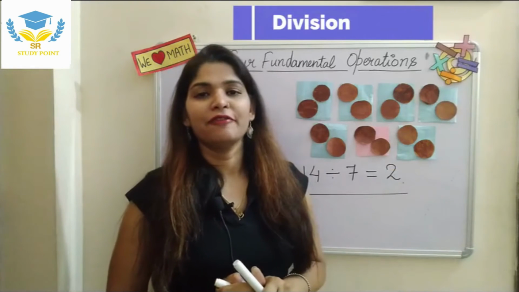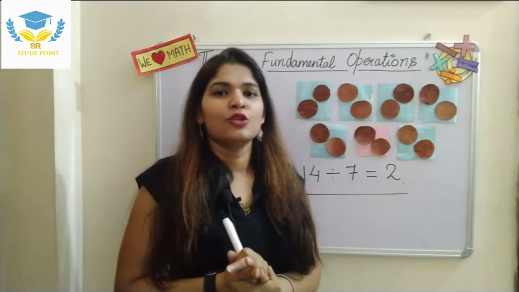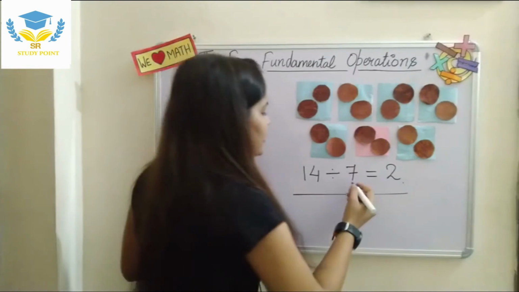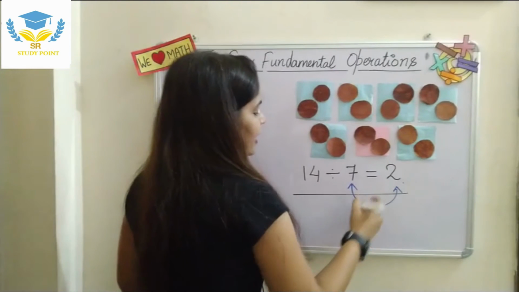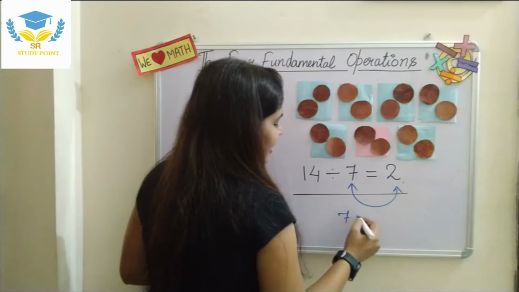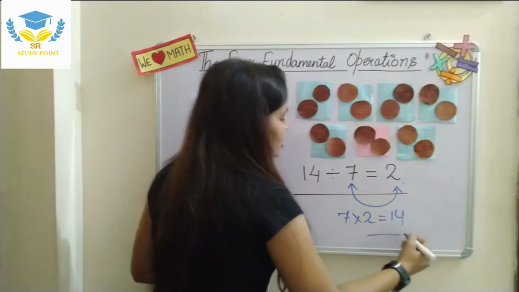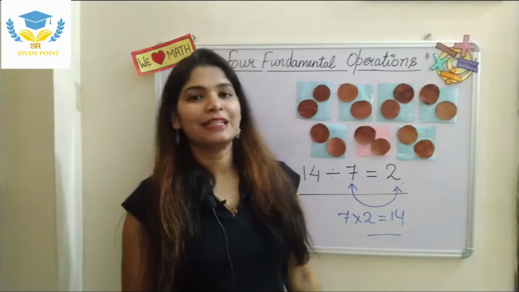Division means when we are distributing things in equal parts. So that is the division operation. And we can say it like, 7 times 2 will be 14. So division can also be known as the backward multiplication.